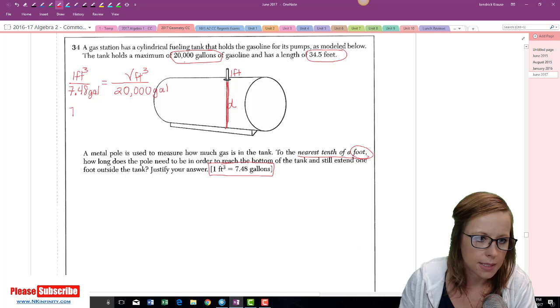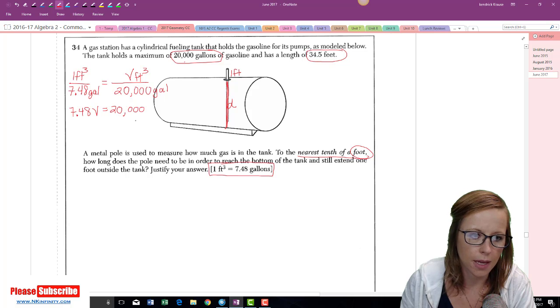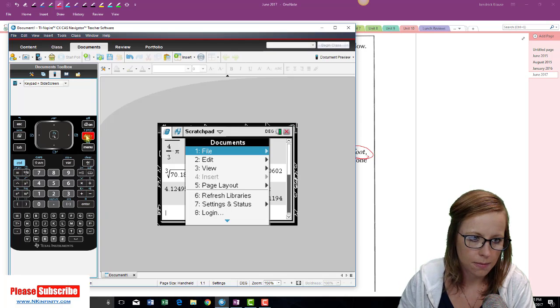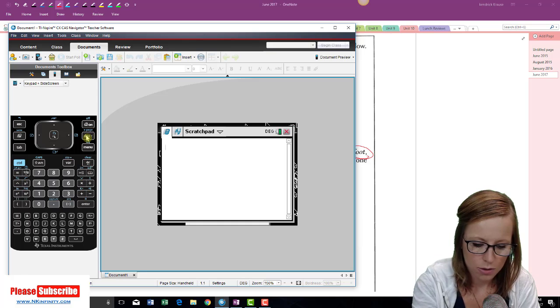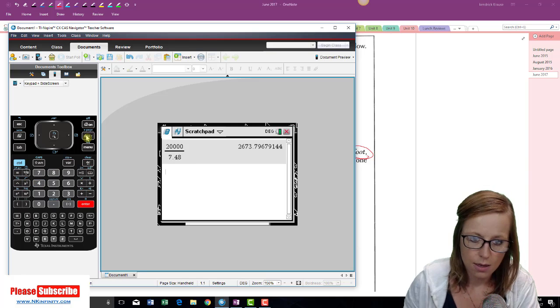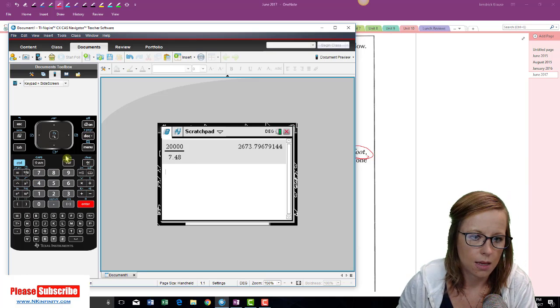So 7.48 times V is equal to 20,000, cross multiplied. Divide by 7.48 to get the volume. So I'm going to use my calculator. 20,000 divided by 7.48 is that icky number.